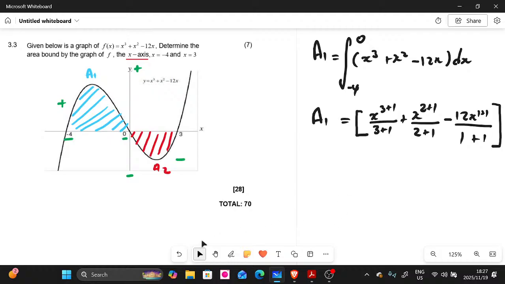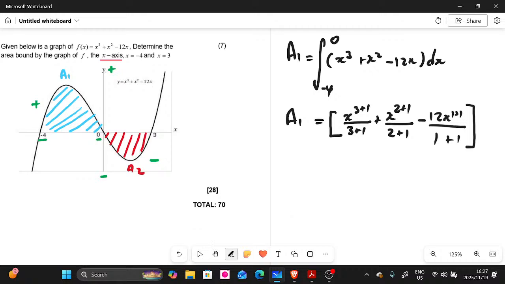So let me just create a little bit of space. All right. Then we write the upper limit. The upper limit is 0. The lower limit is -4. Then let's simplify it further.